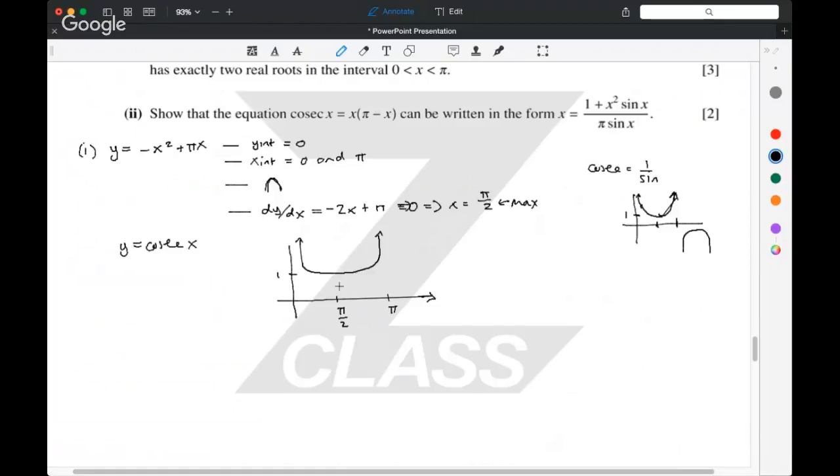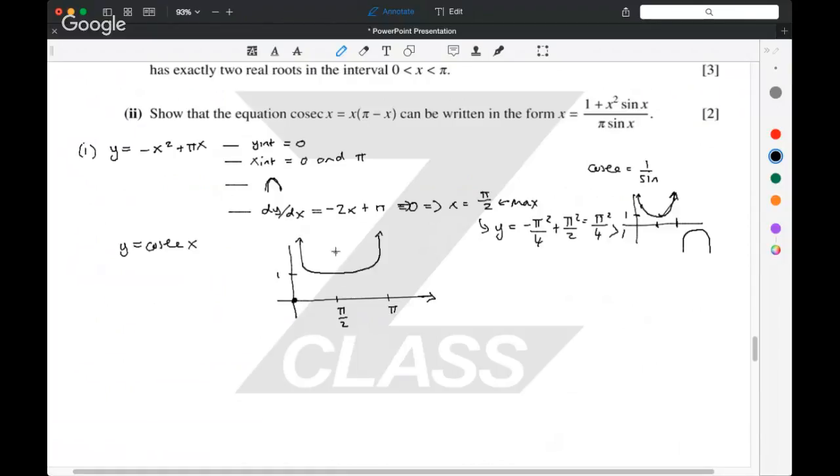Well, we know that it crosses the y-axis here, and it's got a maximum at pi over 2. And when x is equal to pi over 2, y is equal to minus pi squared over 4 plus pi squared over 2, which is pi squared over 4. And that is greater than 1. So we know that the maximum is somewhere here.